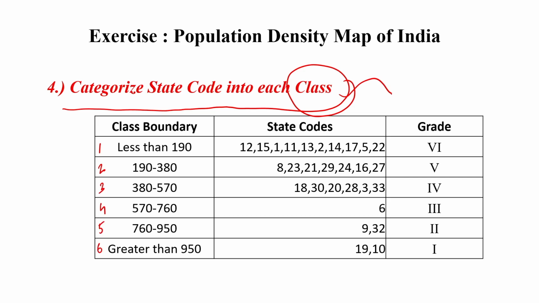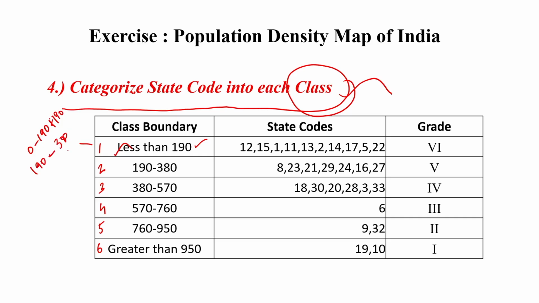We set a class less than 190, since 190 is the class interval. So, this is 0 to 190, which is why I have just mentioned it as less than 190. Then you have 190 to 380, when you just add 190, it becomes 380.